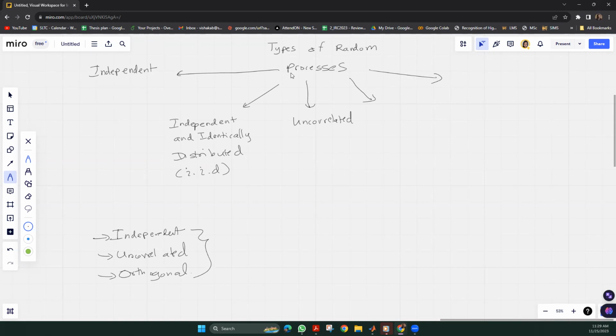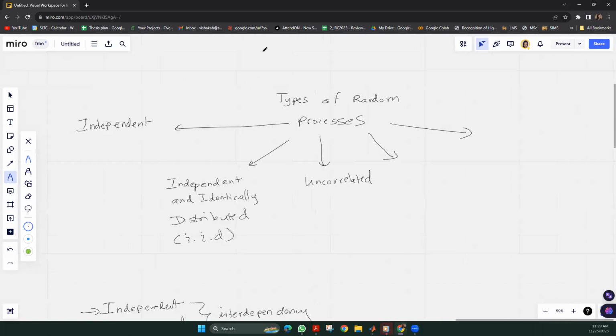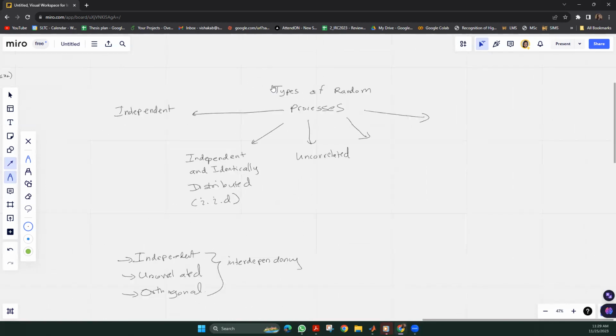These parameters are used to find the interdependency between random variables or random processes. So when we come back to the types of random processes, there are uncorrelated random processes and also orthogonal random processes, and we also have other types of random processes such as stationary random processes.